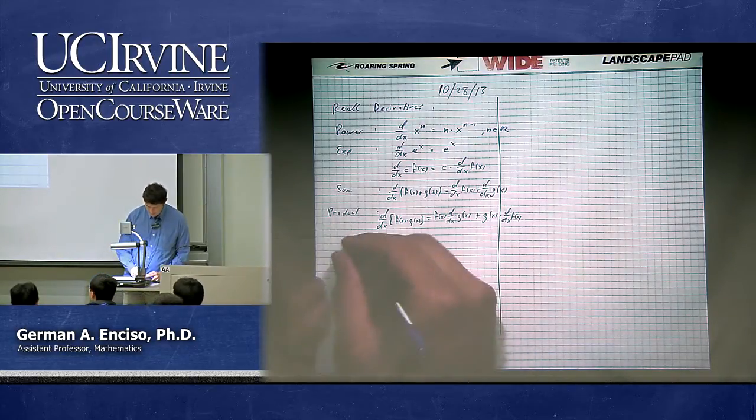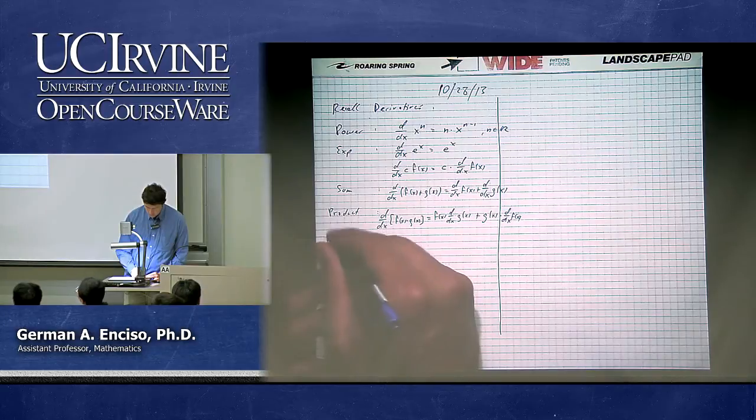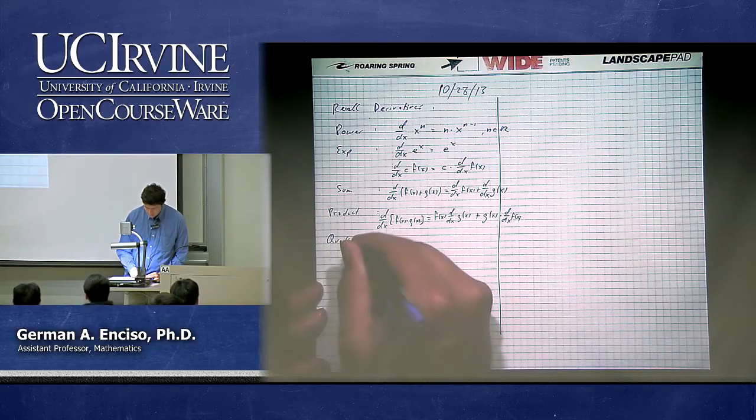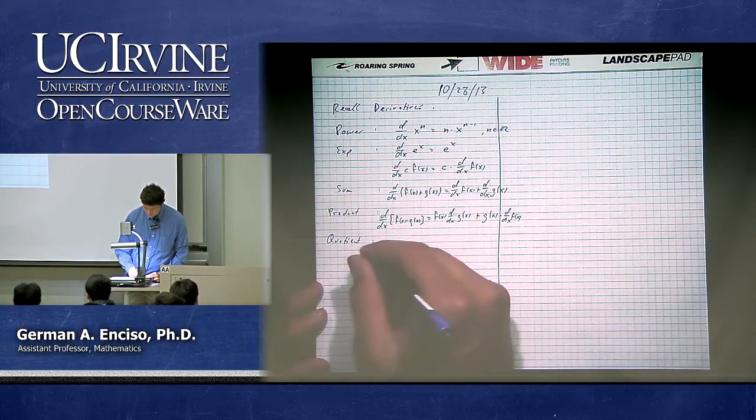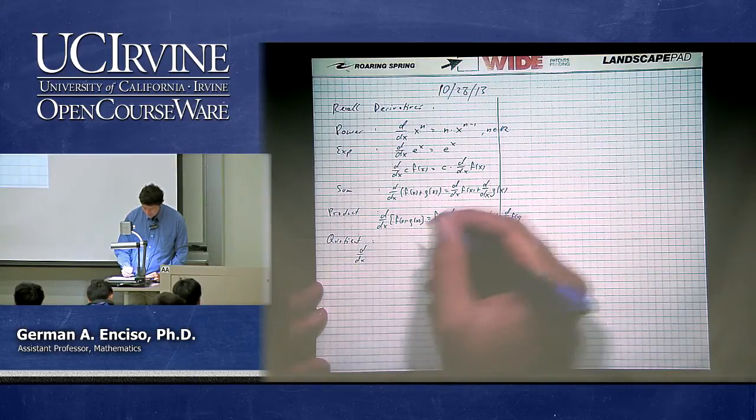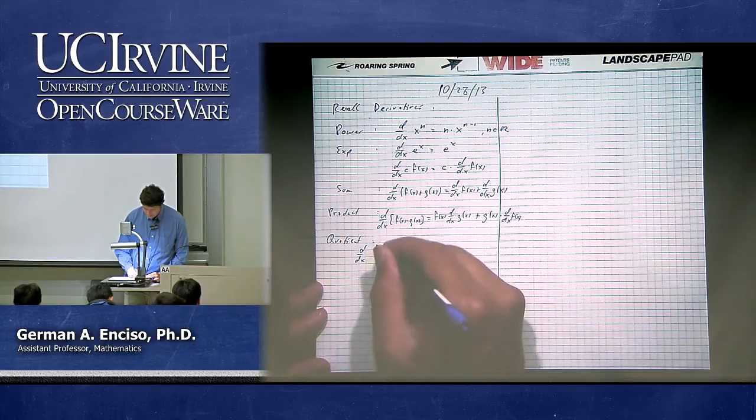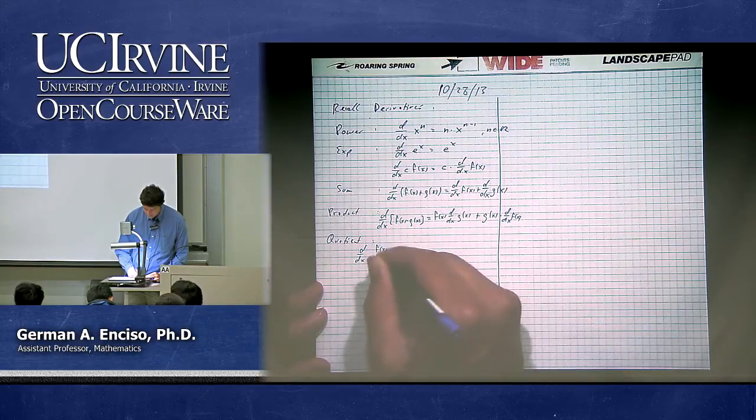And finally, we have the evil quotient rule. What is evil about it? Well, I don't like it because you can make mistakes by using it.